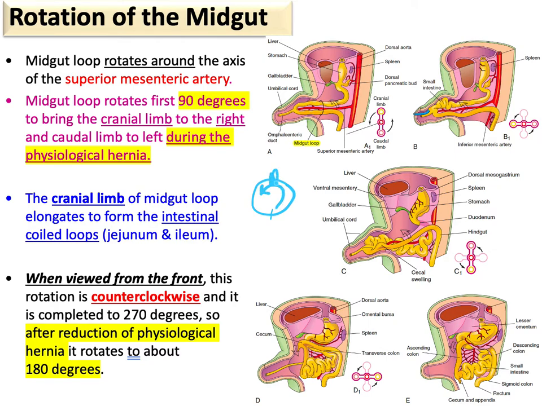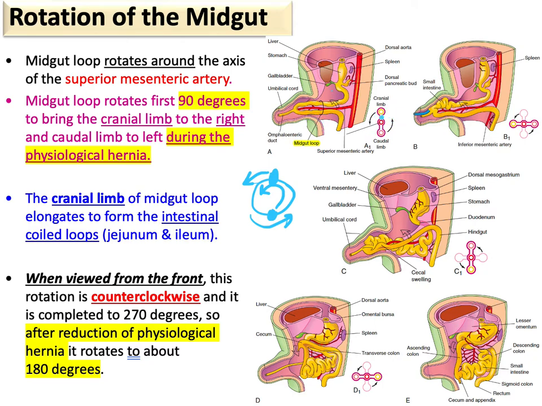That means the superior limb, or the cephalic limb, will move to the right, and the caudal limb will move to the left. Look at it here. The cephalic limb will move like this to the right, and the caudal limb will move to the left, 90 degrees.